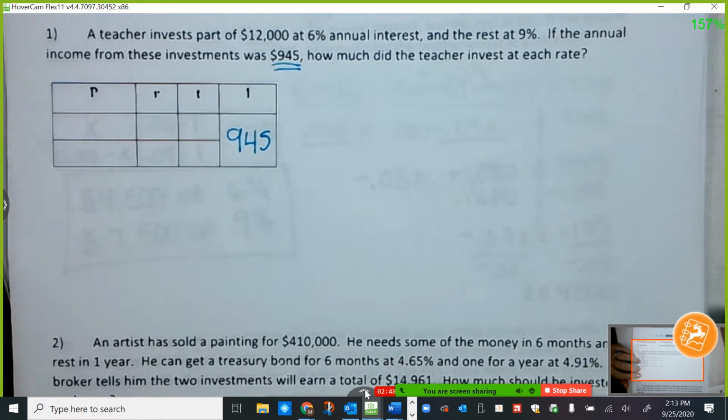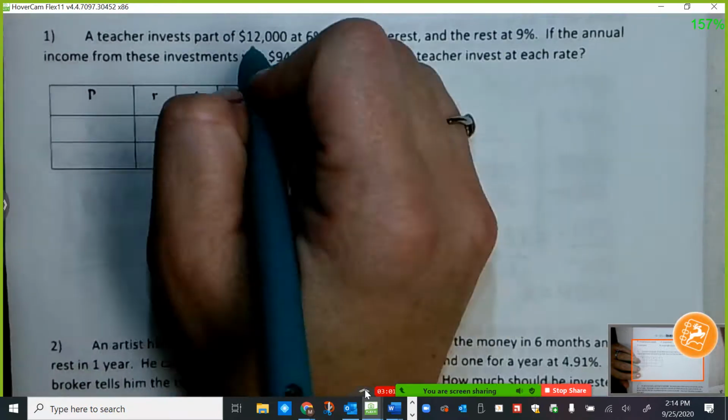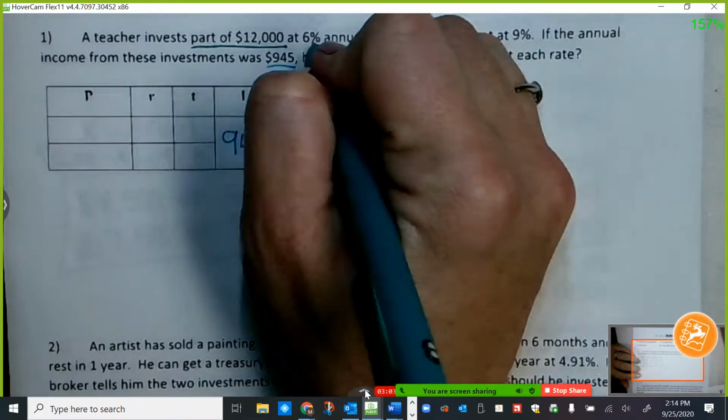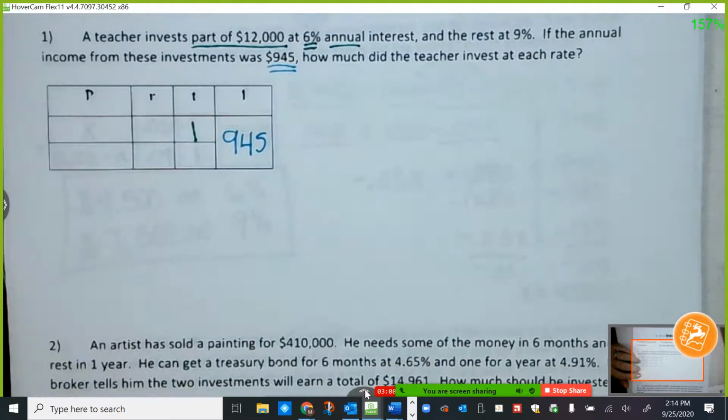Okay, so then we're going to take this one piece at a time because it talked about 2 different interest rates. Therefore, it had 2 different investments, correct? Correct. Okay, so it says part of $12,000 at 6% annual interest. Well, annual is yearly or for a year.